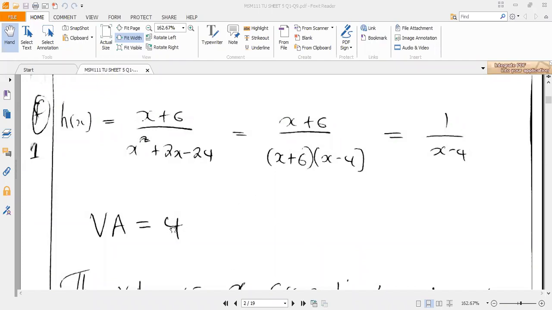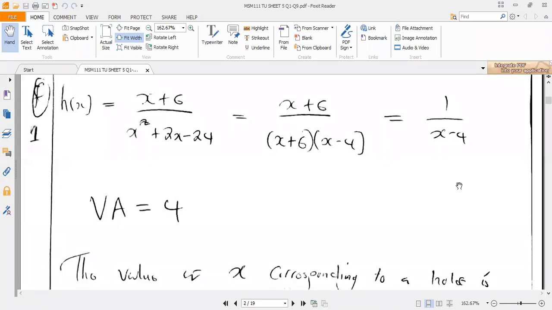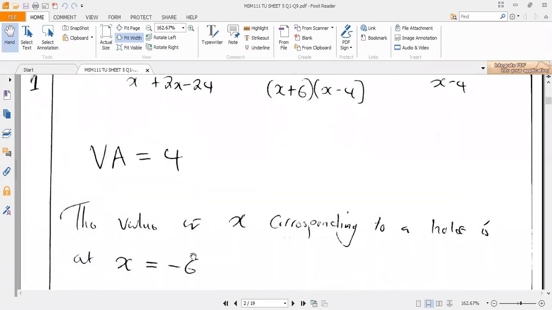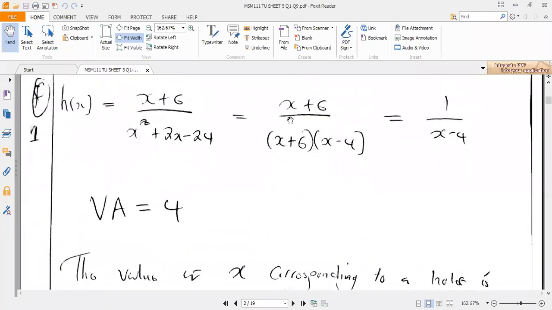So now, when you discover that your vertical asymptote is 4, you know that the values which will correspond to a hole take place at x equals -6. When you plug in -6 here, it will be undefined. But when you plug it in this new function, it will be defined, isn't it? So you know that your hole will take place at, what is -6 minus 4? -10, right?